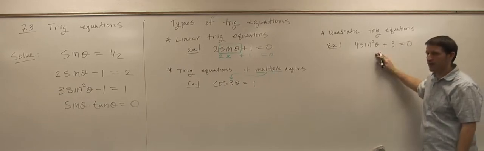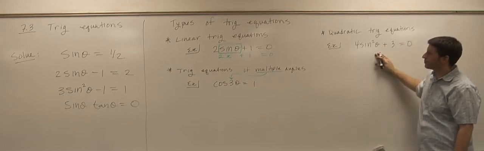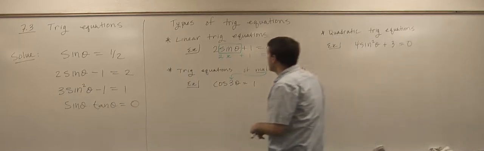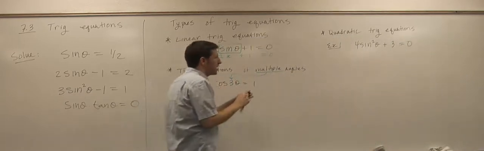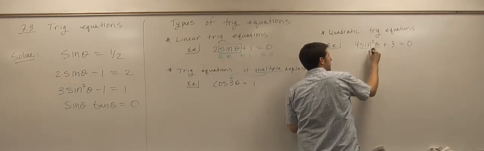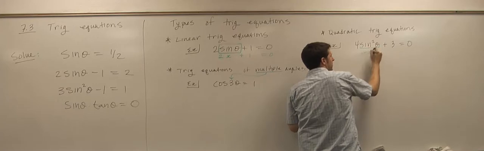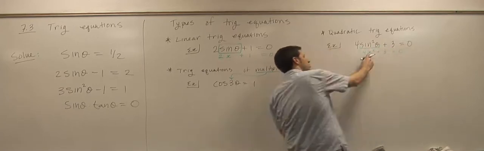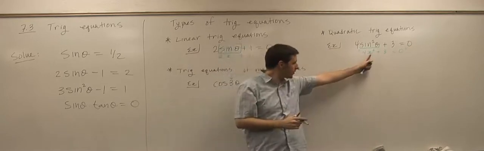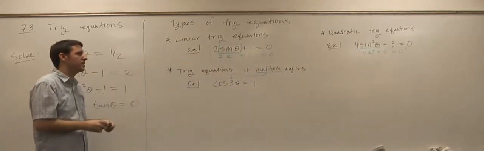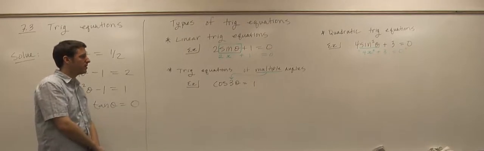This is a quadratic trig. And again, kind of like the linear trig equations, you're going to treat this like a squared variable. And you first solve for the variable, you first solve for this x here, then you can use that result to get theta. Going back to the unit circle.